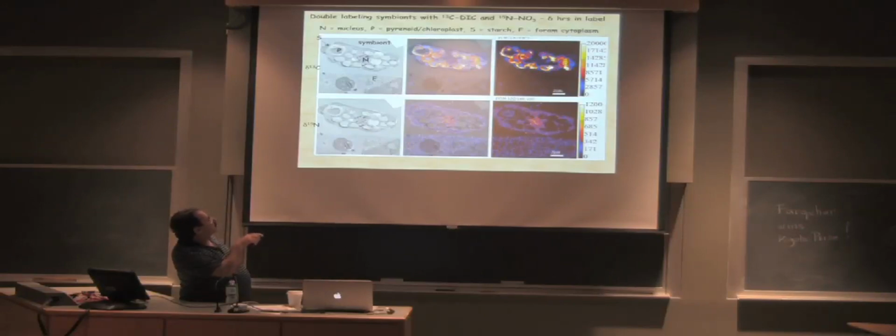This is nitrogen, so this is now after 6 hours in N15 nitrate. You can see all these open circles with nothing. It's because it's carbon, it's all starch, there's no nitrogen in there. But you can see the dinoflagellate, which here's our nucleus, is chock full of N15, as is the foraminifera.